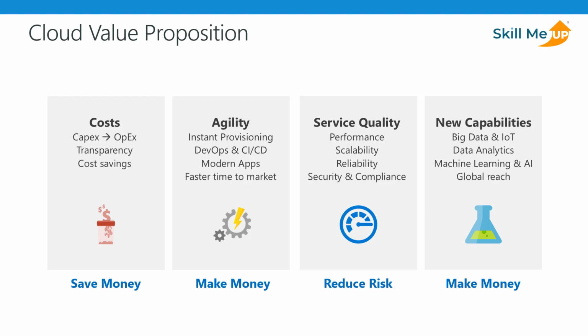And then that service quality piece is going to help us to reduce our levels of risk, build higher levels of security and compliance, scalability, reliability, things that are a major struggle in an on-premises infrastructure environment. The cloud helps to build higher levels of service quality that we may not be able to achieve without a high level of cost.